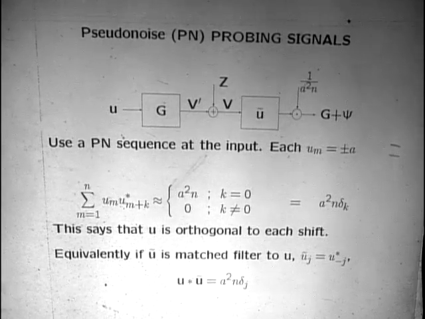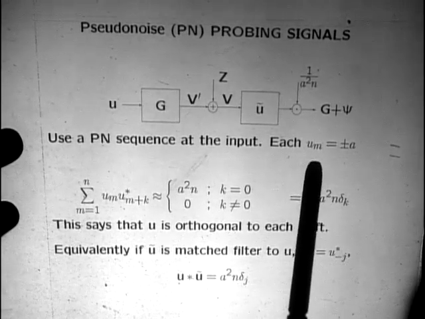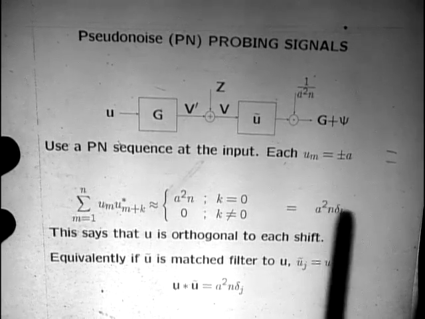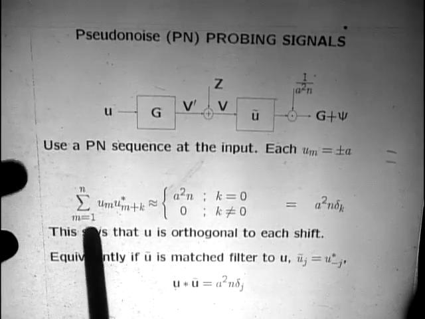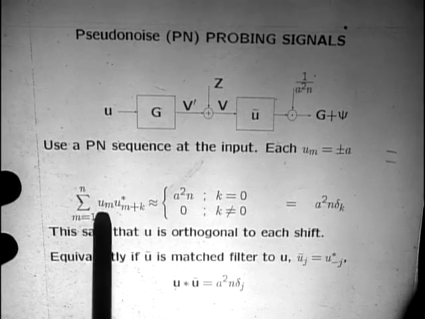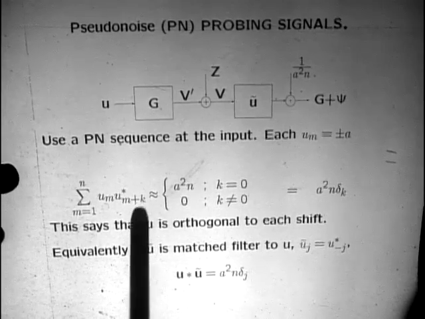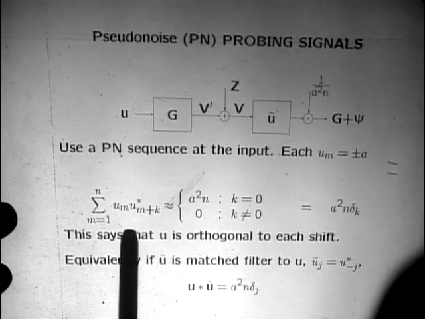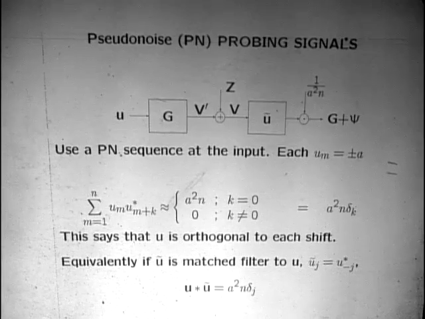Okay, why is that? The property that pseudo noise sequences have, if I choose each of the inputs to have a magnitude of a, and think of it as being real, plus or minus a, which is what people usually do. If you look at the correlation of this sequence, namely the correlation of u sub m with the complex conjugate of u sub m, spaced a little bit, PN sequences have the property that this correlation function looks like an impulse.